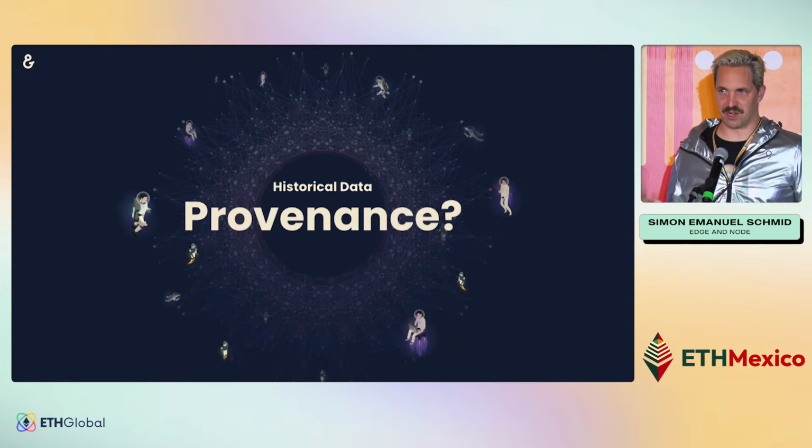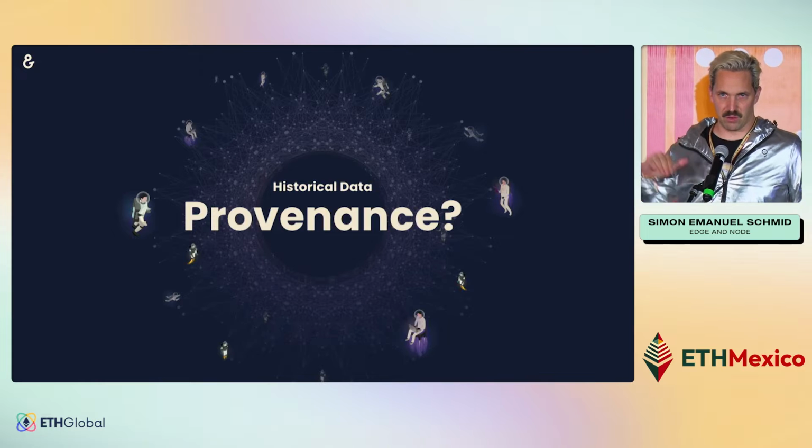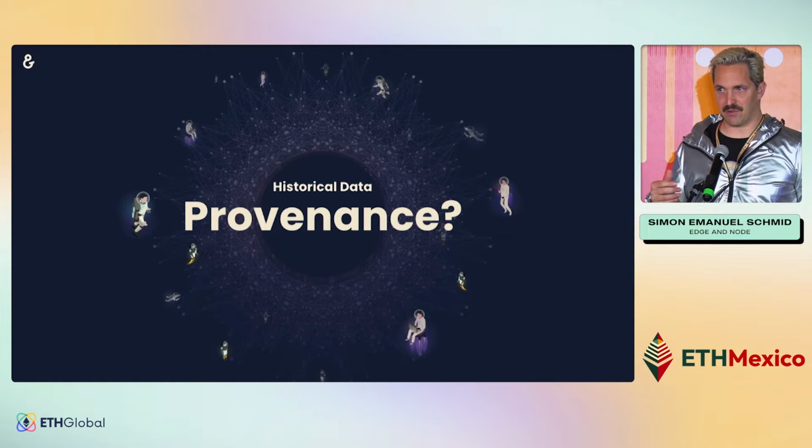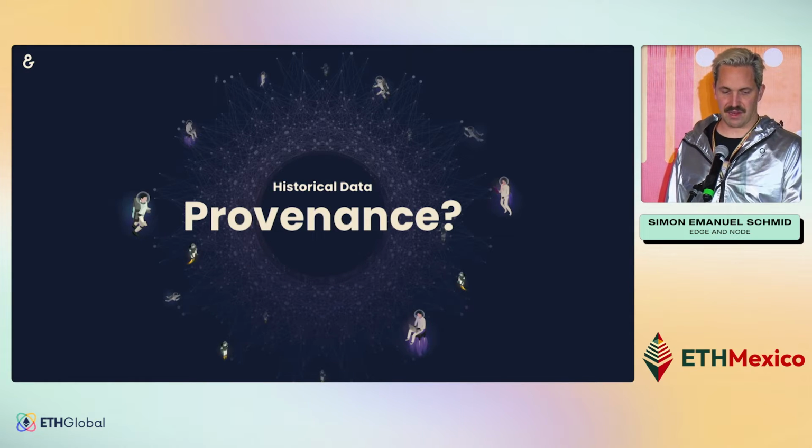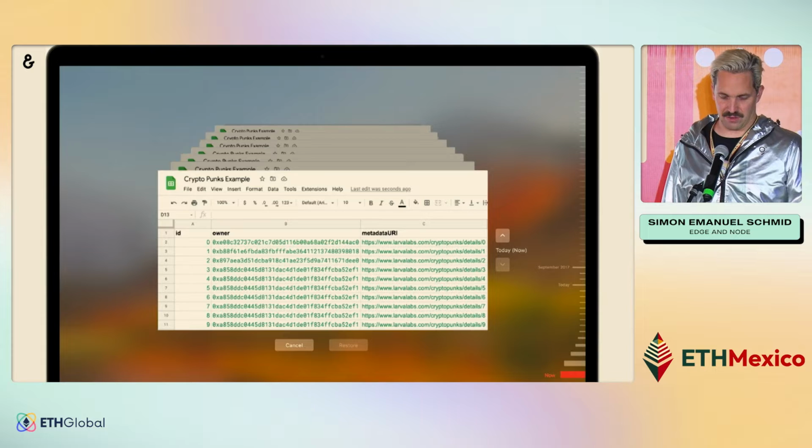There's this big word, provenance, but there's other interesting stuff too when we want to look into the past. For example, on Uniswap, how did the prices of a pair develop, or how did the TVL of a certain protocol change over time? Very interesting data, but you need to look into the past of the smart contract state, right?